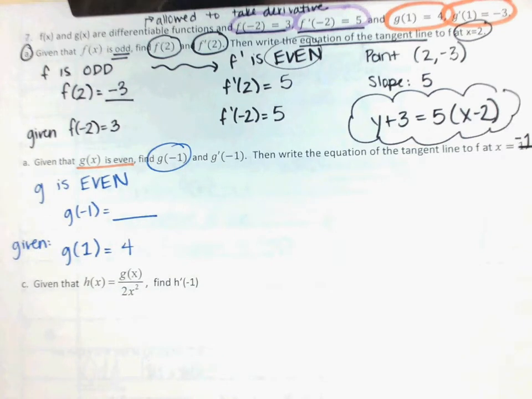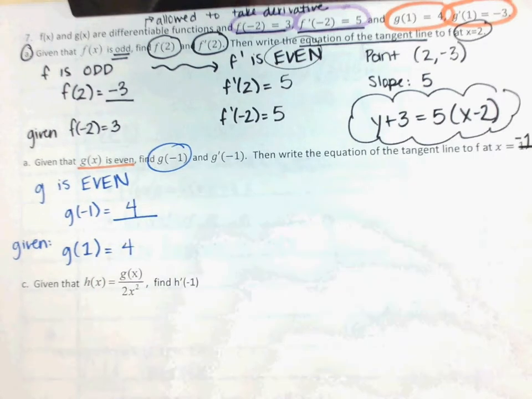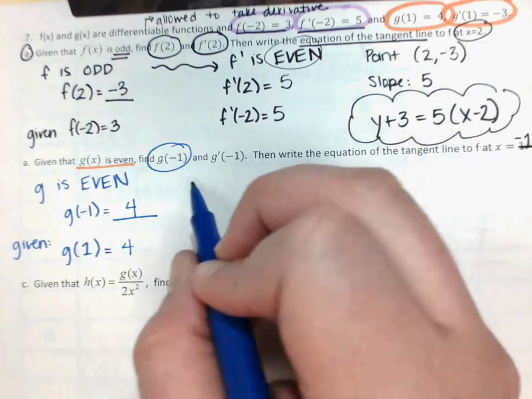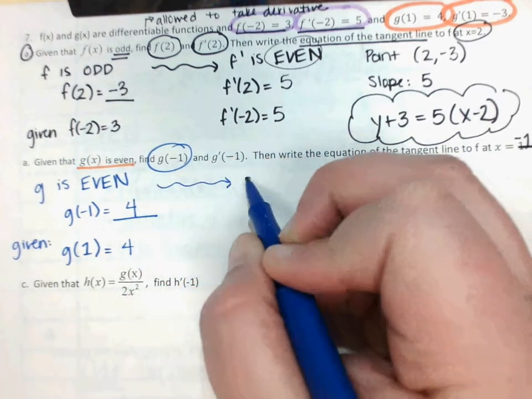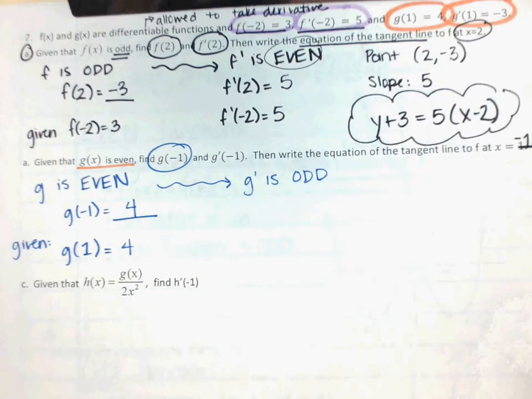Okay, if you need help on the first part, g is even. g of 1 was given to be 4. Then what is g of negative 1? Still 4. Why? Because if it's even, the y value stays the same. Now if g is even, what is g prime? Odd.